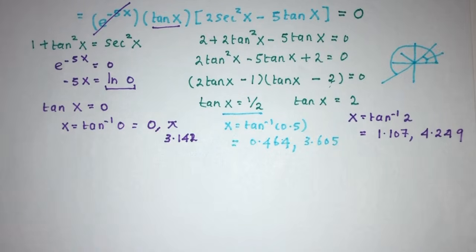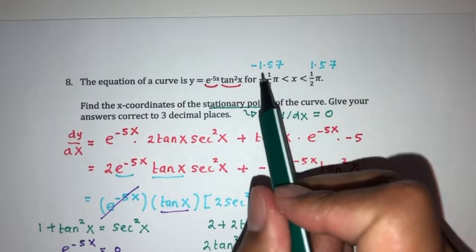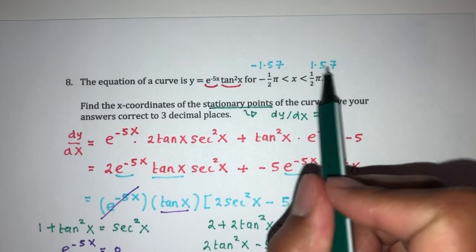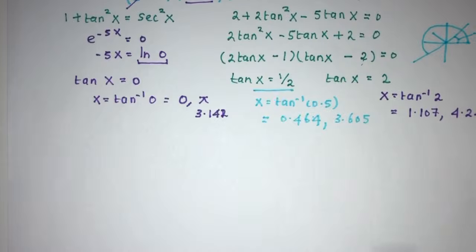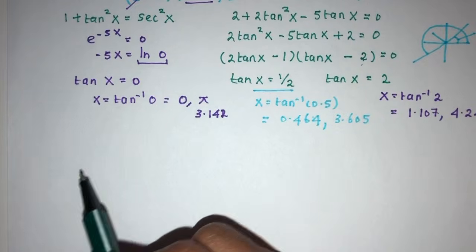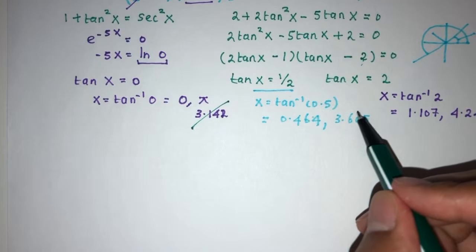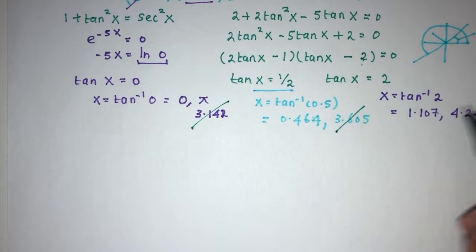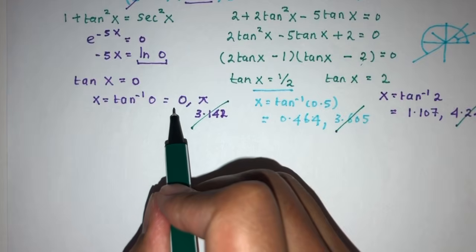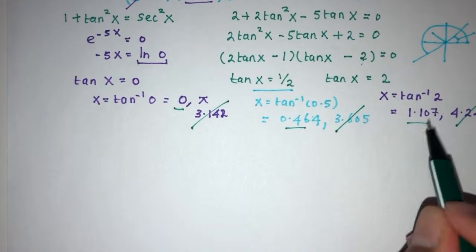Are these values inside the domain that we need them to be? So we have only the values between minus 1.57 and 1.57. So 0 is in between. Yes, it works out, but this is too much. This is okay, but this is too much. This is okay, but this is too much. So we end up with only 3 values, this, this, and this.